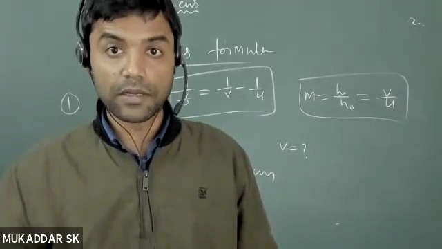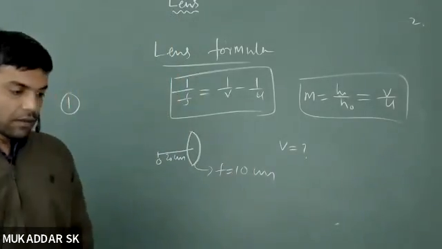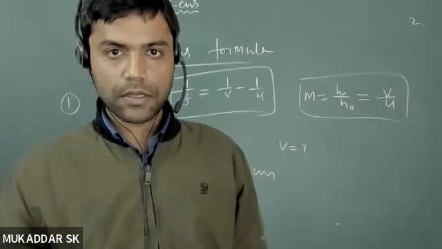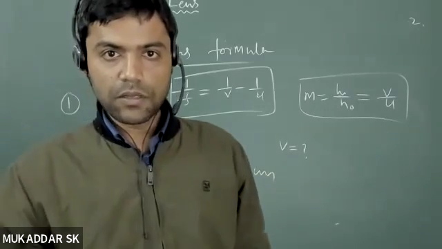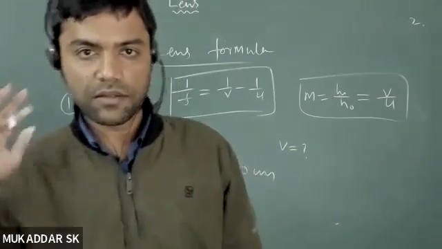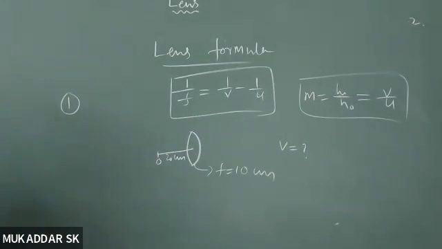That will be virtual image. But for lens it will be opposite. For lens, for real image, V and U should be in opposite sign, and for virtual image, V and U should be in same sign. Okay, let us solve this problem and we'll conclude that it will be actually real image.